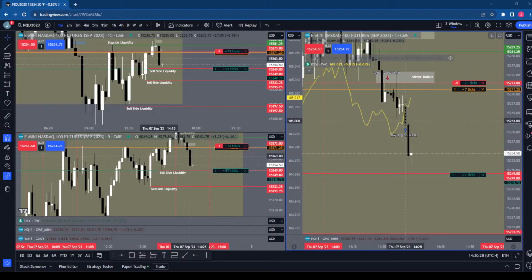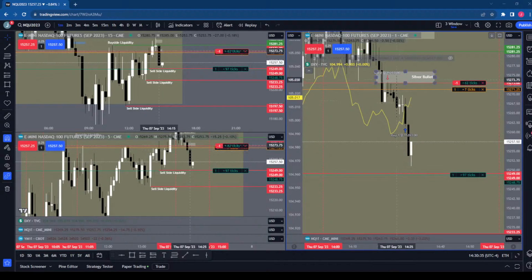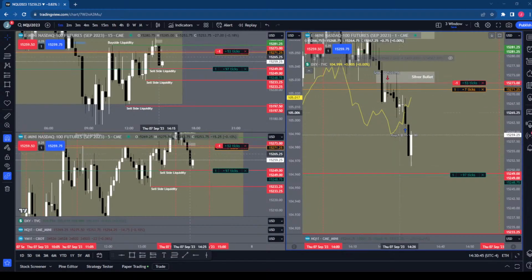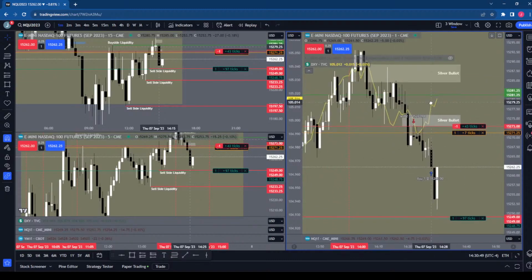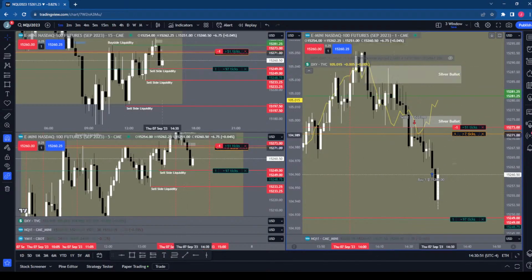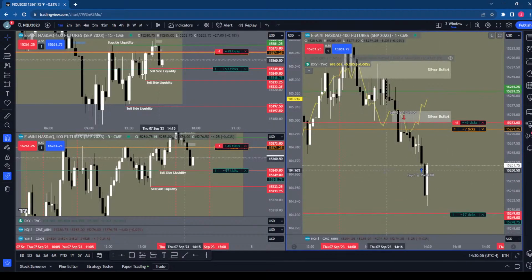I just need a little more patience. I think you love to see how strong a reaction it showed off of the third entry into that silver bullet. So it went up and bam, shot right down, got hammered down. This right here was the real trade, which would have been a really nice drop.